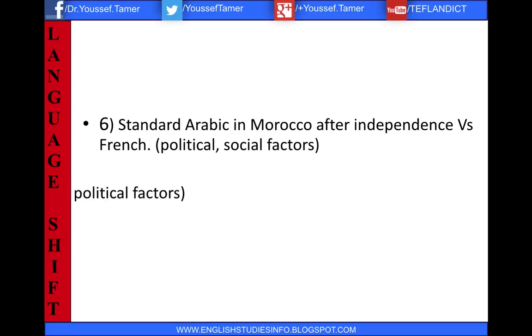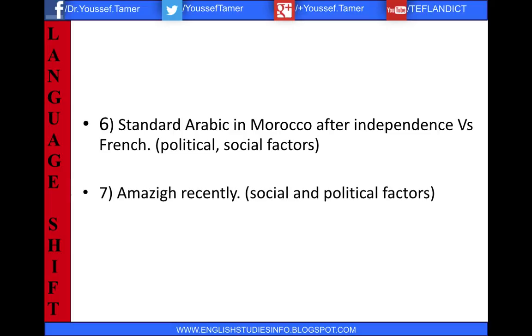Another example for Morocco is related to Amazigh recently, with the creation of the Royal Institute of Amazigh in Rabat, and with the reform and the charter, that gave more power and more prestige to the Amazigh dialects, and especially after the latest constitution.